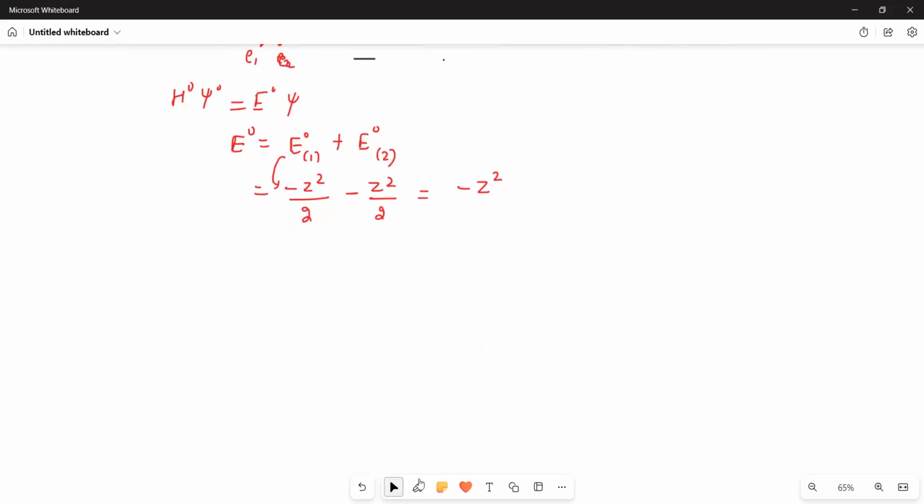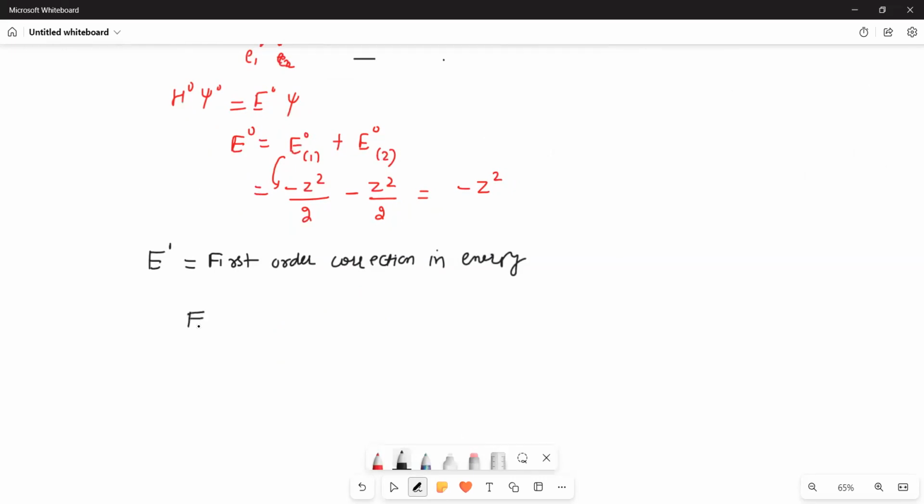In the previous derivation that we have done in the class, we have seen that E dash, which represents the first order correction in energy, is equal to the integration of psi naught star, the corresponding Hamiltonian, psi naught, d tau.